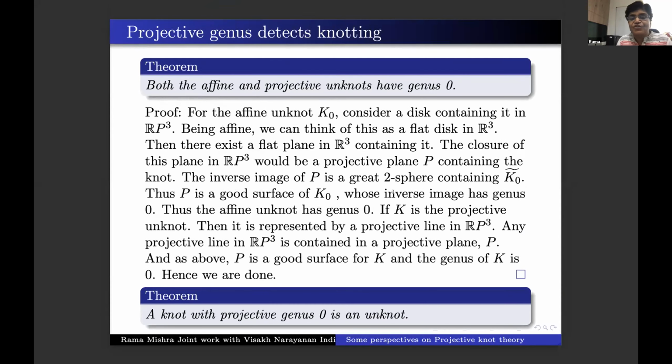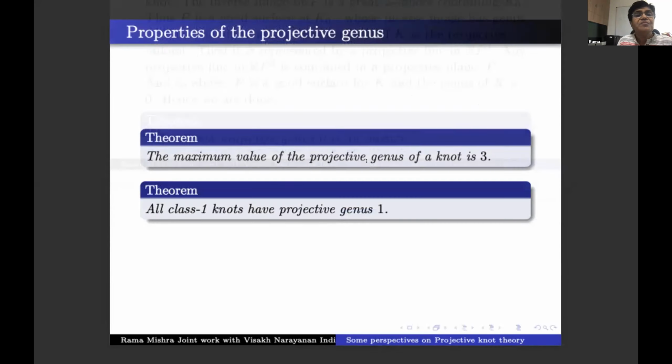So one could say, similar to classical knot theory, that K is an unknot if and only if its projective genus is 0. But more important is, here the difference is the projective genus is very bounded for knots.